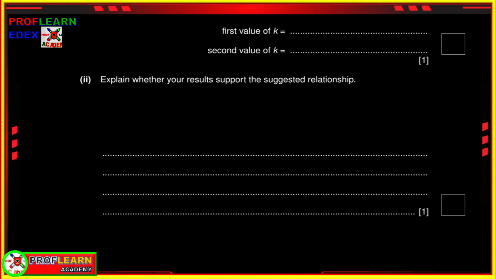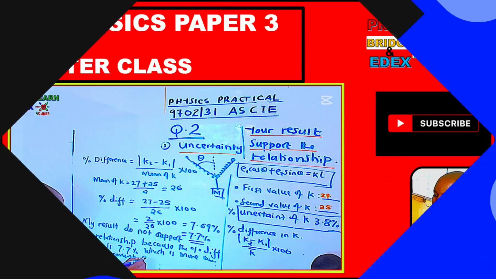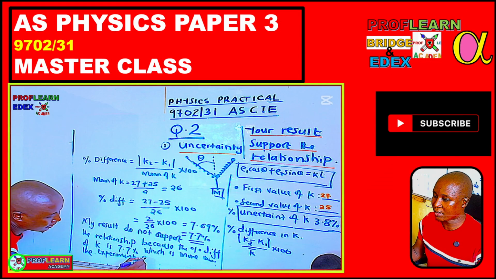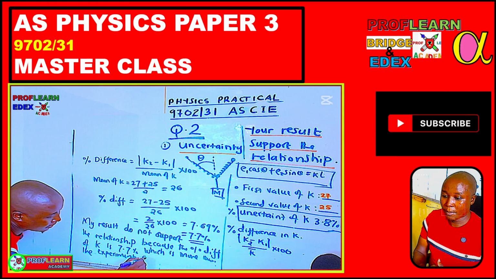Now, in the event they don't give you any percentage to compare, you are going to compare with the accepted experimental accuracy, and the accepted experimental accuracy in that case is usually 10%. So you can check whether your answer is more than 10% or less. If it's less than 10%, you say it supports. If it's more than that, you say it does not support.